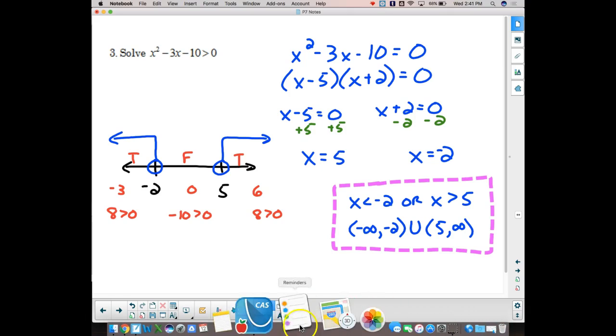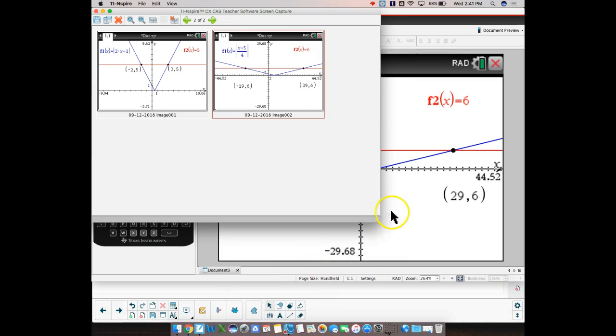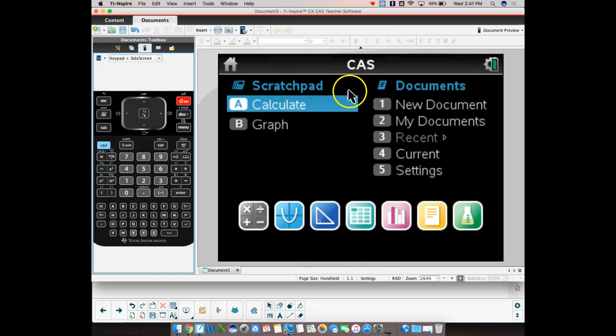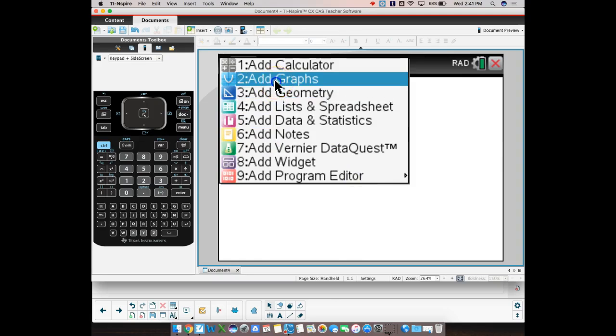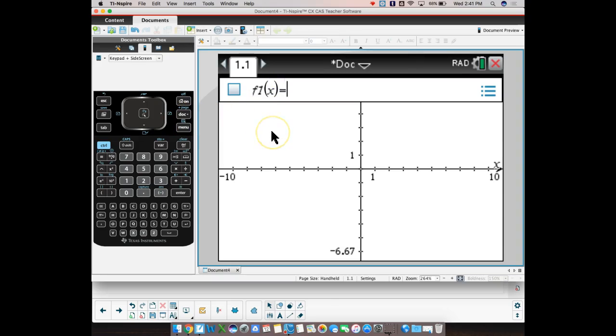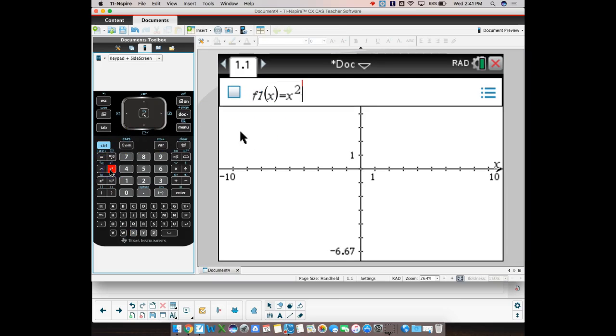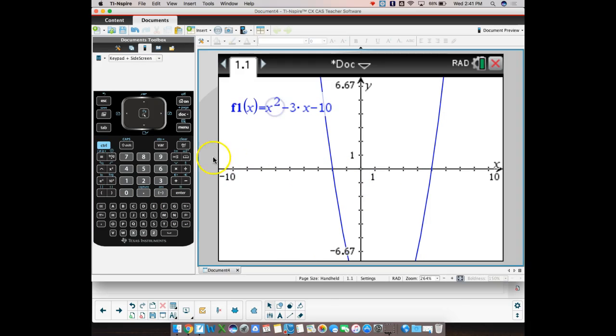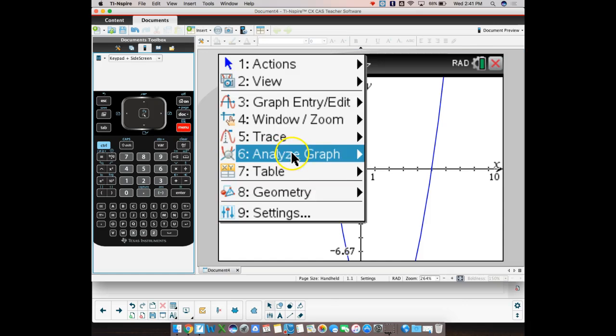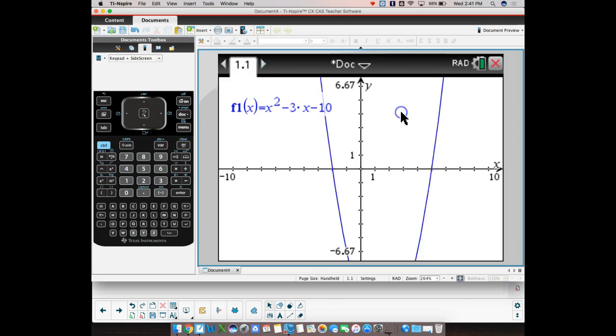Graphically, x squared minus 3x minus 10. There it is. Now here on this one, because it was 0 on the other side, I can just analyze my graph for the zeros.